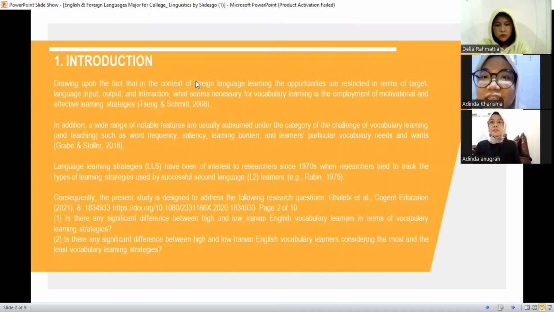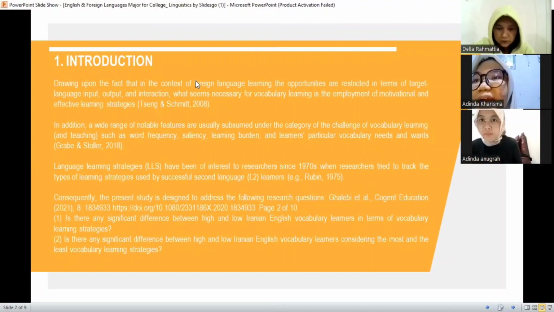In addition, a wide range of notable features are usually submitted under the category of the challenge of vocabulary learning and teaching, such as word frequency, saliency, learning burden, and learner particular vocabulary needs and wants. Consequently, the present study is designed to address the following research questions.